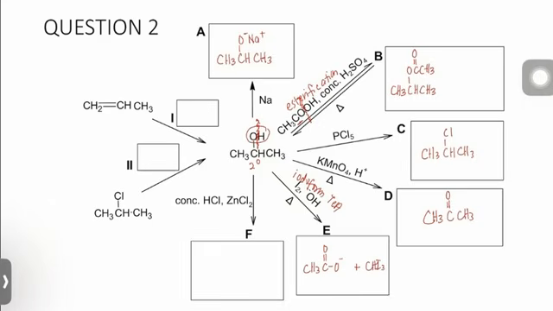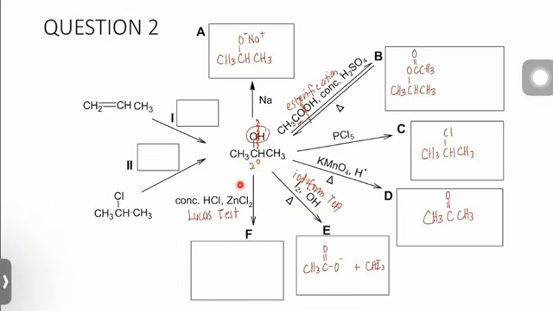Okay, and for structure of F, as you can see, the reagent here is concentrated HCl in the presence of zinc chloride. So concentrated HCl in zinc chloride, this is actually a Lucas reagent, for Lucas test. So this Lucas test is to differentiate the different classes of alcohol. So we know that this alcohol is a secondary alcohol which does react with Lucas reagent.